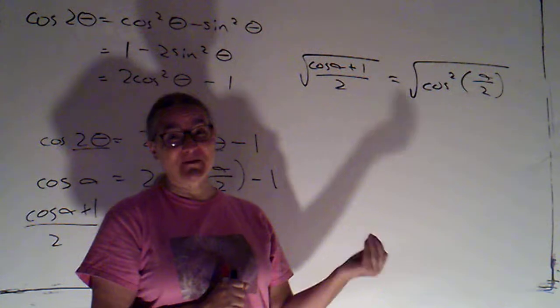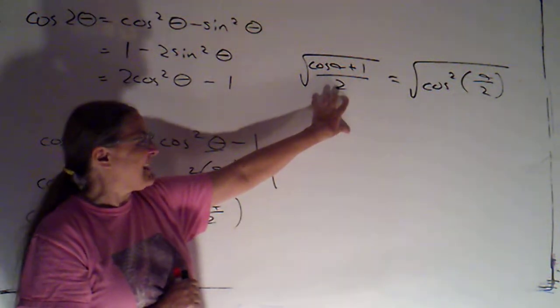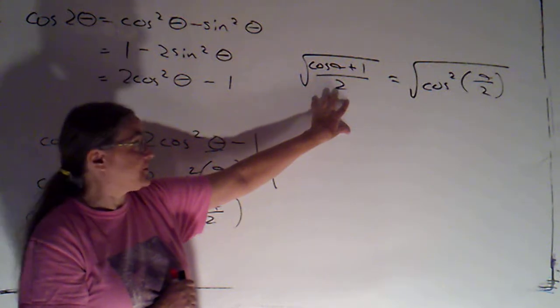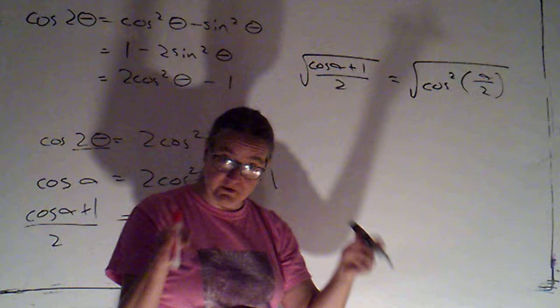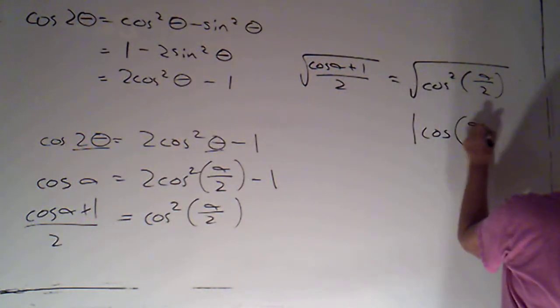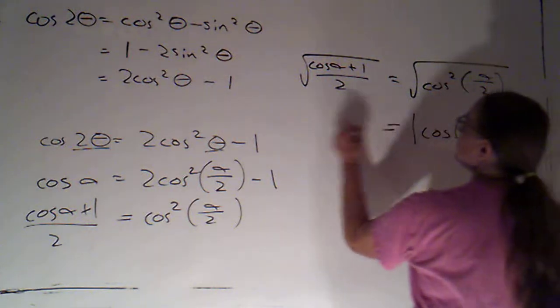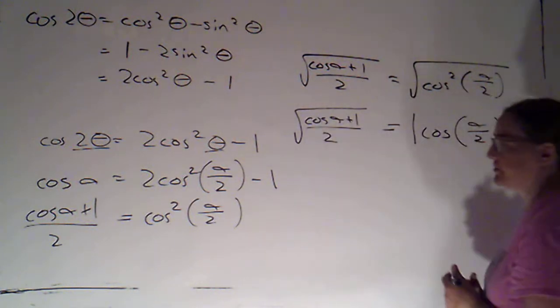Because cosine is sometimes negative, but this thing that I'm saying the right side is equal to is never negative, because it's a principal square root. So remember, when you take the square root of something squared, you get the absolute value of that thing. Okay. So we have the absolute value of cosine of alpha over 2 is equal to the square root of cosine alpha plus 1 over 2.